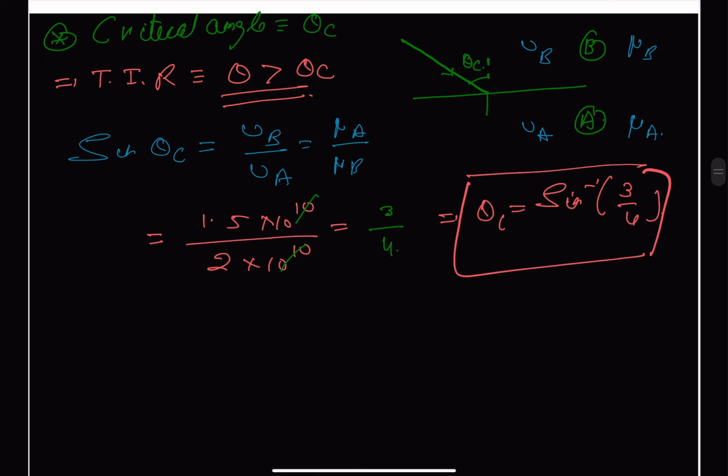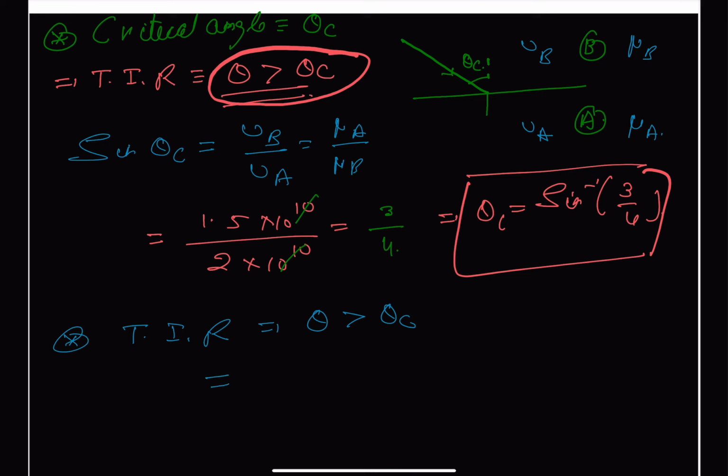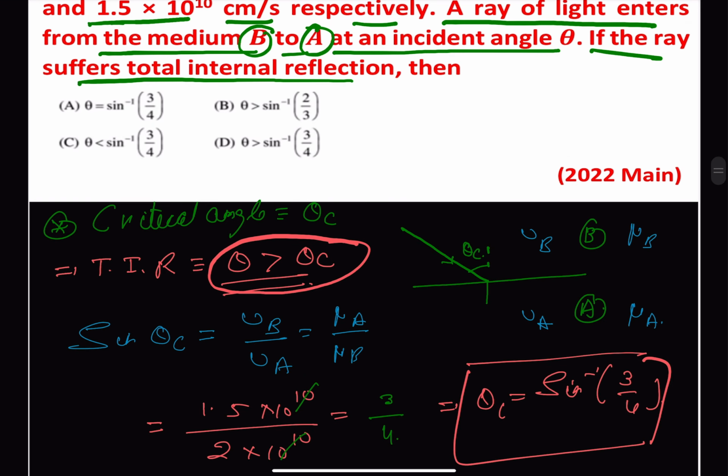And for total internal reflection, we know that our angle of incidence theta should be greater than theta C. So we substitute the value of theta C, and we can say theta is greater than sine inverse of 3 by 4.